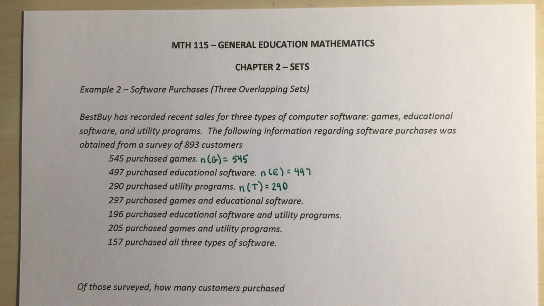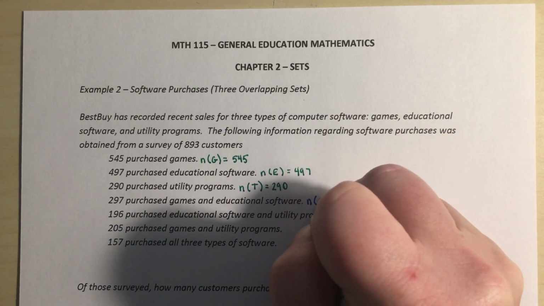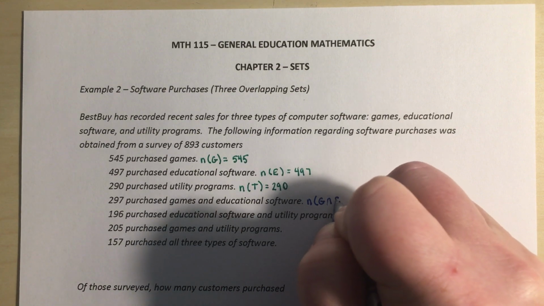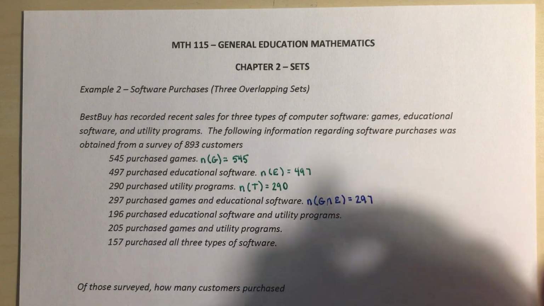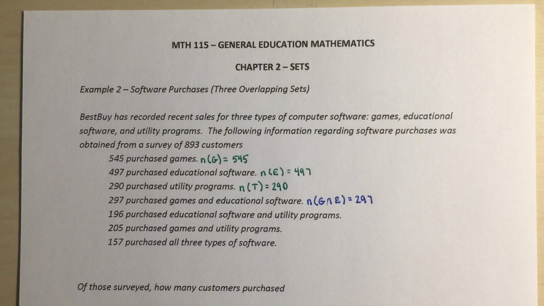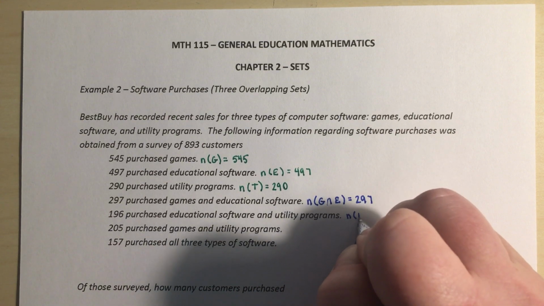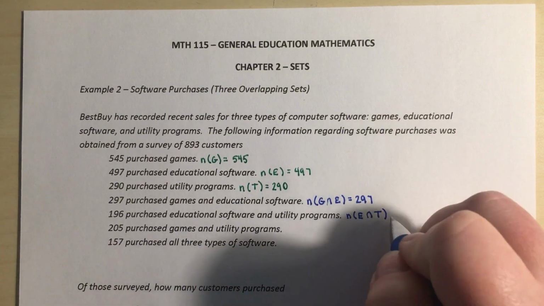Okay. 297 purchased games and educational software. So this is an intersection. This is going to be G for our games, intersect E for our educational software. 196 purchased educational software and utility programs. So this is going to be E intersect the T that we used for utility.